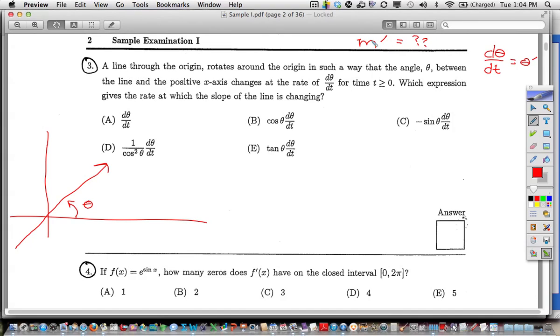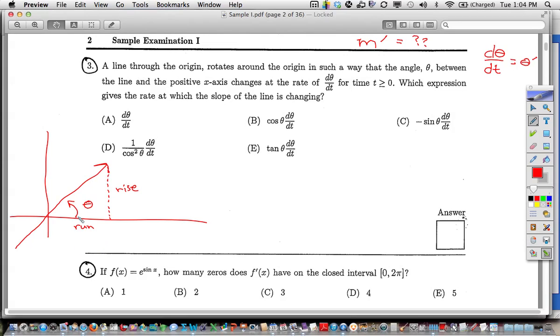So what we need is an equation that relates M and theta. So look at this picture, and what would relate M and theta? Probably need a triangle. What's the slope? What's our old algebra way of doing slope of a line? Rise over run. But involving theta, what's rise over run? Tangent. Did you ever talk about that in trig?